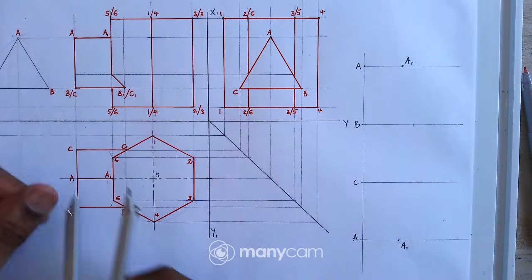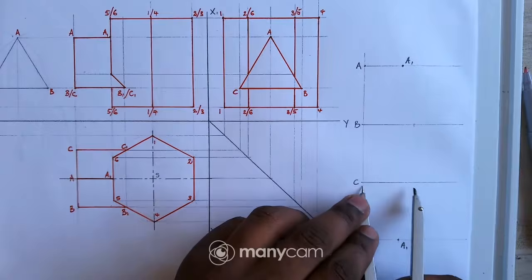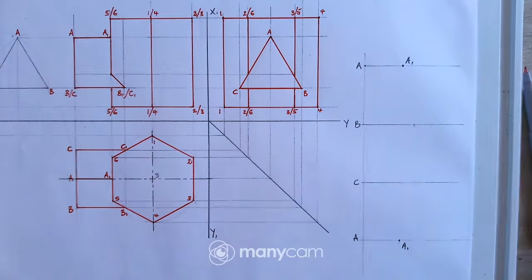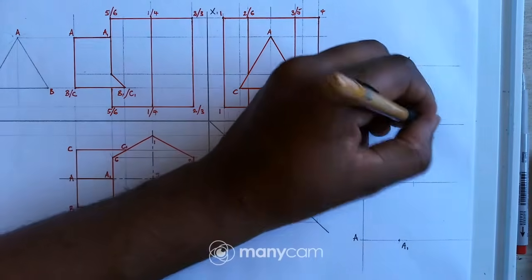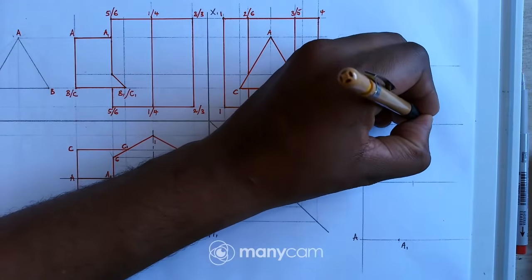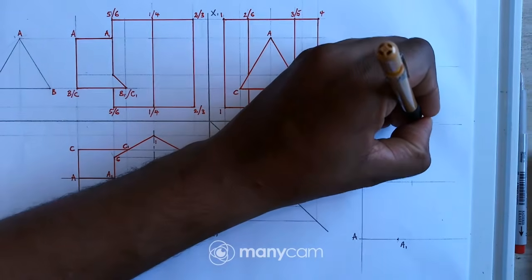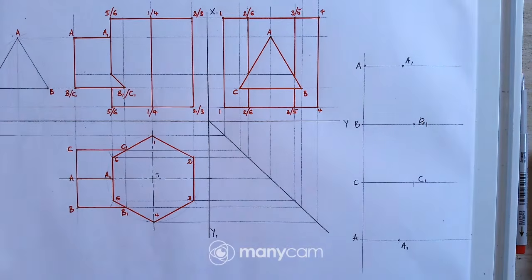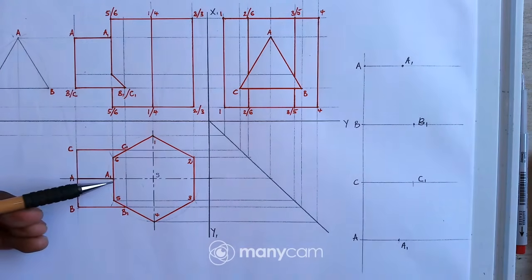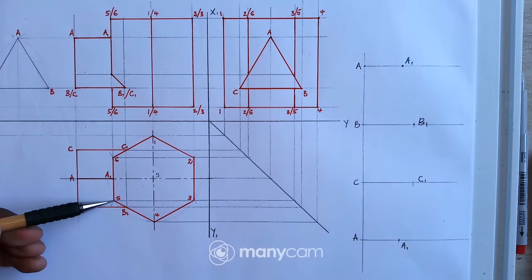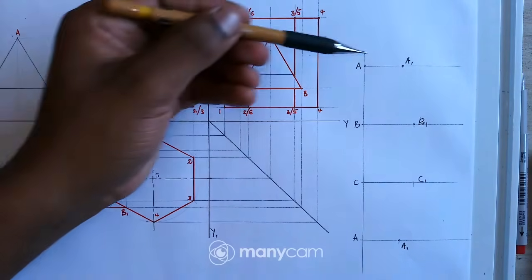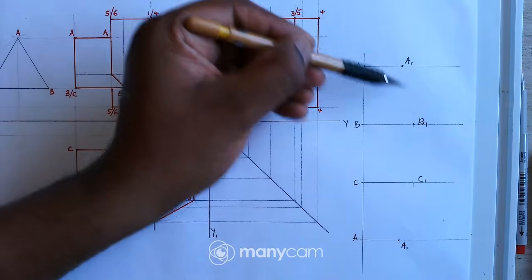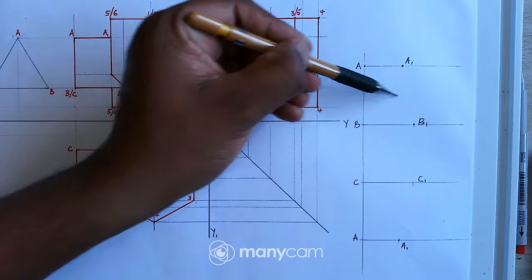So I can just take that and mark it on C, just like that. So I have a point there. This is C, this is B1, and this is C1, right? Remember, between A1 and B1 there's a point there. So between A1 and B1 we must have that point somewhere there, right?